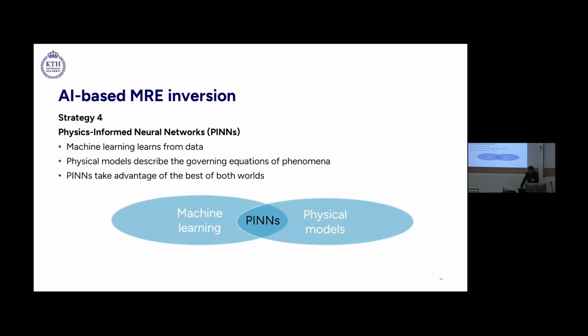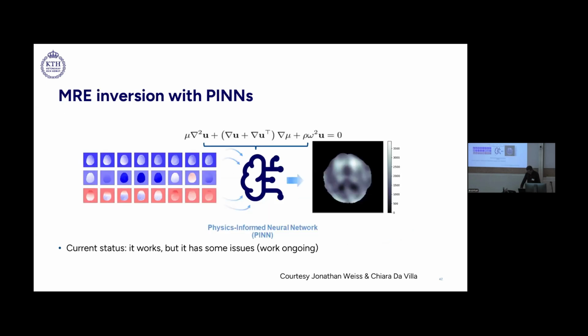Another strategy that is very attractive for us is physics-informed neural networks. The idea is that we have the PDE, we know the wave propagation equations, and we know that machine learning is very good. PINNs are very nice because they combine both: we use machine learning, but also include our knowledge of the PDEs. We did some work with master students, and it works, but it has some issues.